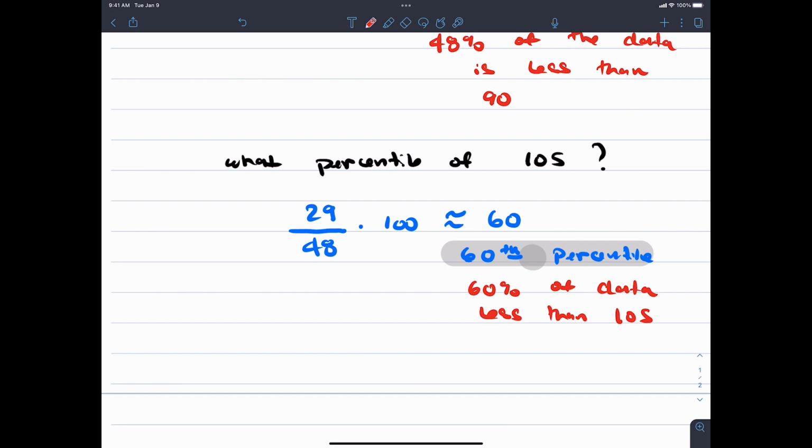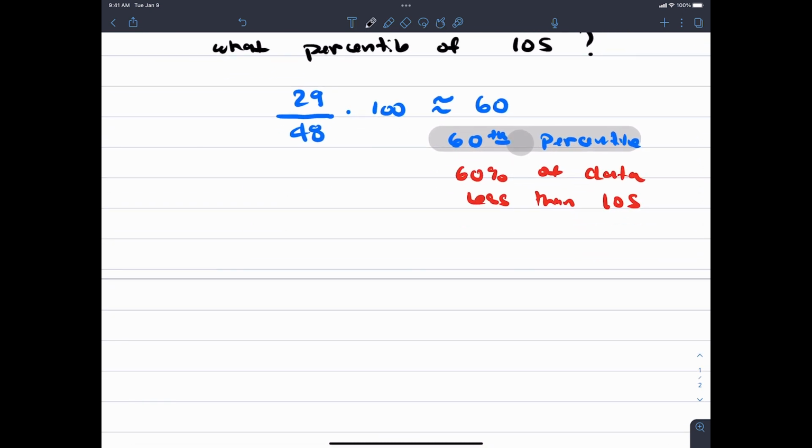Okay? 60% of the data is less than 105. Okay, what do you guys think? Is that easy? You need to know your definitions.